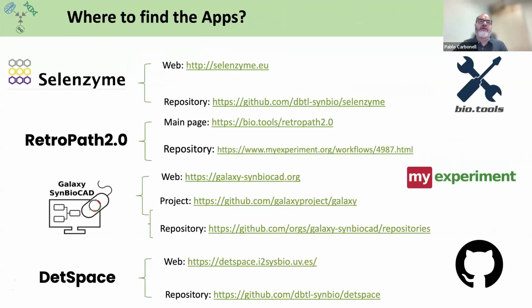And all of these apps are available. Usually they have their own tool, like a web interface, like in the case of Selenzyme, but you can also download them for your local installation using GitHub. In the case of RetroPath, because it is a KNIME workflow, it's available at myexperiment.org.